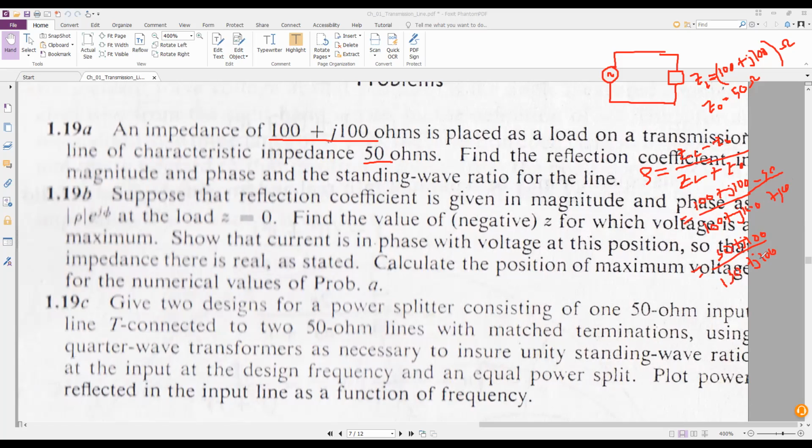What would be the value? If you look at the phase, it is r angle theta. Do the calculation, use your calculator, then you'll get it.